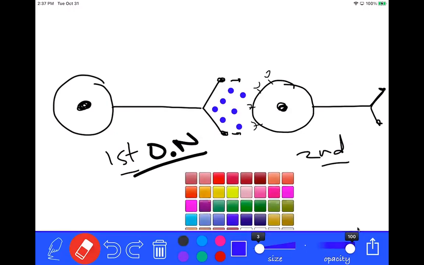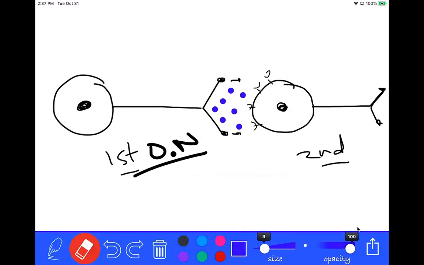And the interaction between these blue dots and the receptors can result in one of two things. So one of two scenarios can happen now. Either the interaction between the blue dots and the receptors results in positive charges going inside the neuron, and then what is going to happen to this second neuron when positive charges go inside?